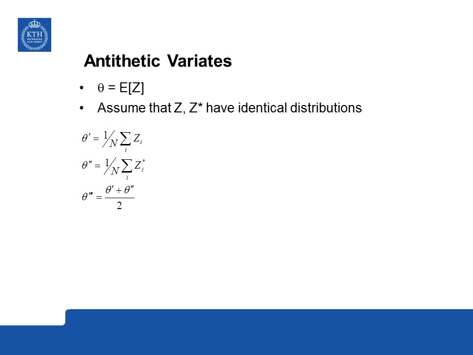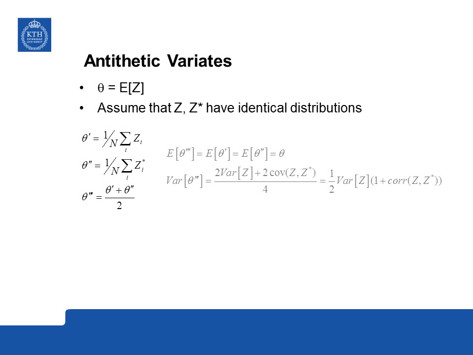And of course, if we take the arithmetic average of those, that will also be an estimator that can work and is also unbiased. So we can see that the expectation of all these three estimators is theta, so they are all unbiased estimators.